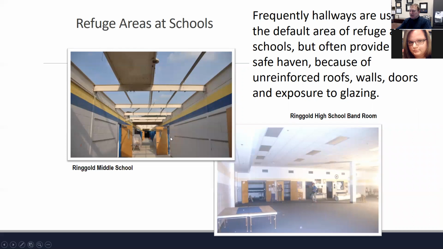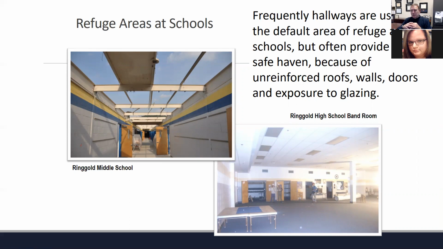So this is the hall that did not collapse, but again, the ceiling was blown off of it. The real concern here is frequently hallways are areas that we tell people to evacuate to. The real challenge though is the roofs had no reinforcement. There was really no substantial strapping done to secure the roof to the wall.